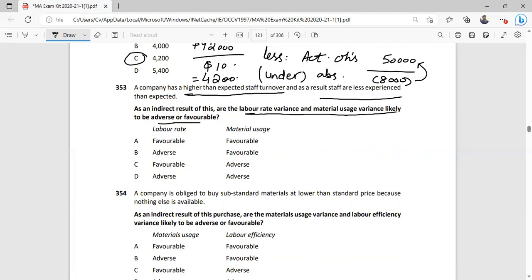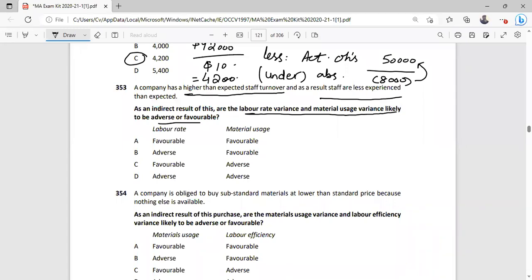When your staff turnover is high, it means you are changing your staff members rapidly. When you are changing your staff members quickly, it will affect the productivity in terms of material as well as in terms of labor.